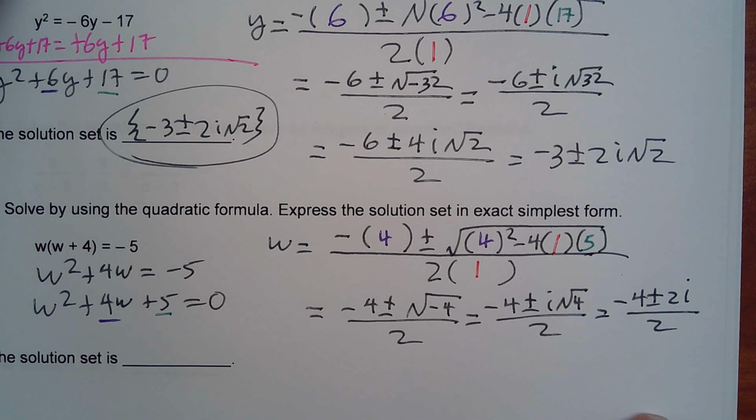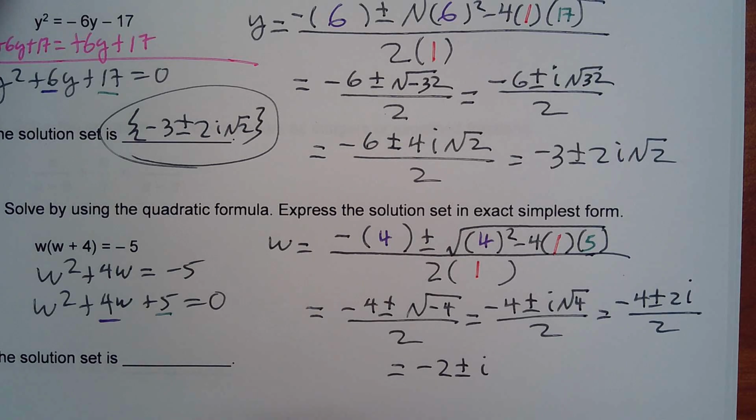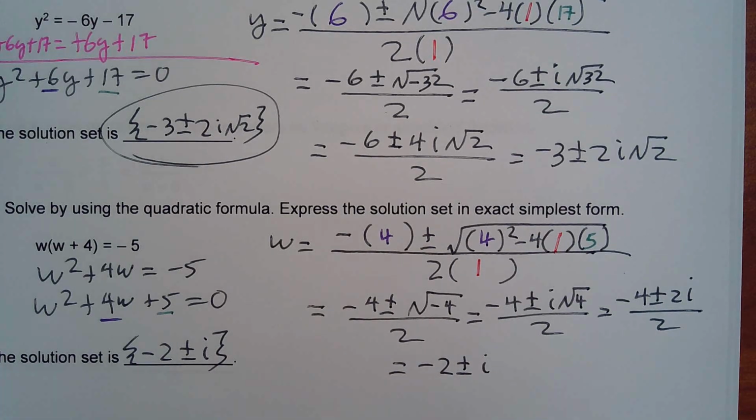Divide each term by 2. So when we do that, that will give us negative 2 plus or minus i. So that would be our solution.